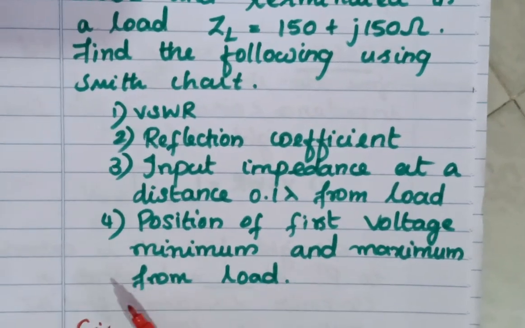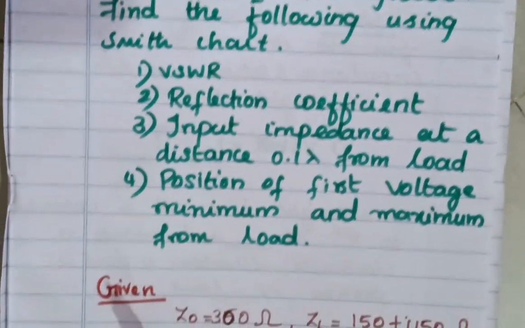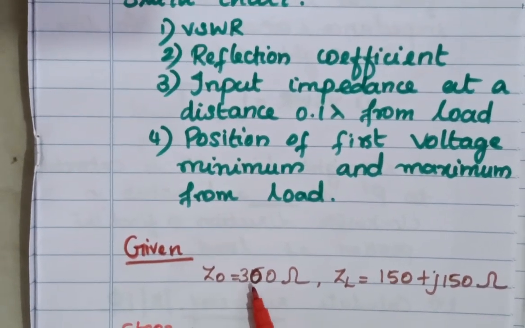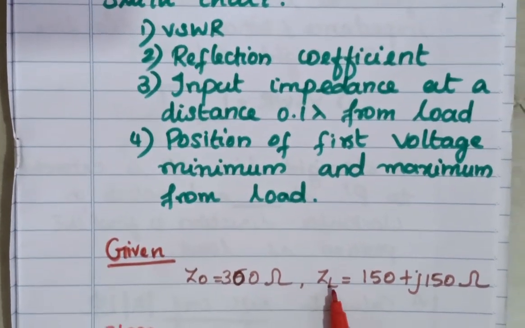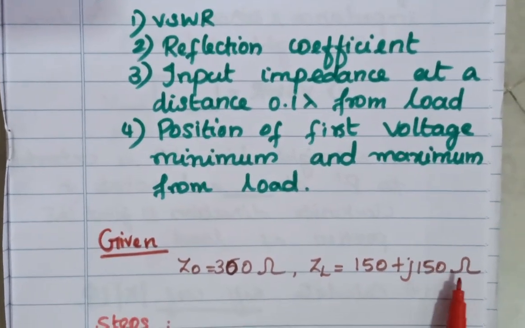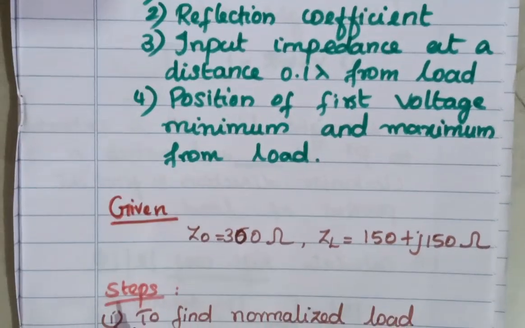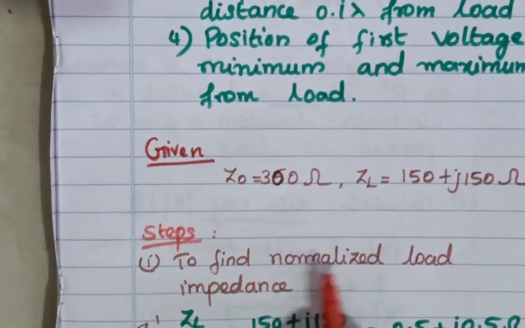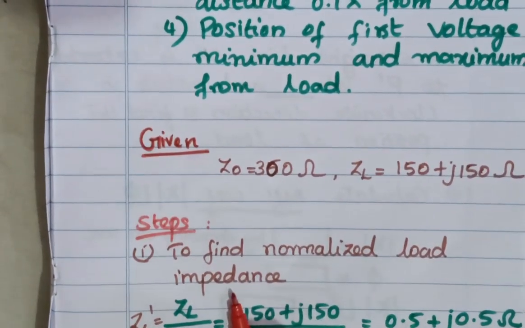So, first step is to write down the given data. What is given? Given Z0 is equal to 300 ohm and ZL is equal to 150 plus J150 ohm. In order to draw the Smith chart, the first step is to find the normalized load impedance.